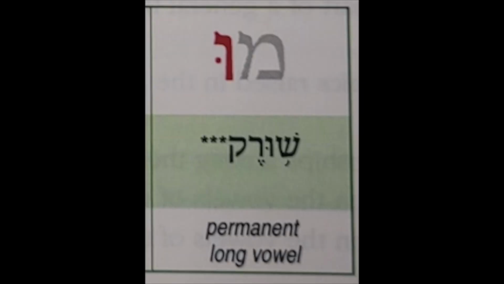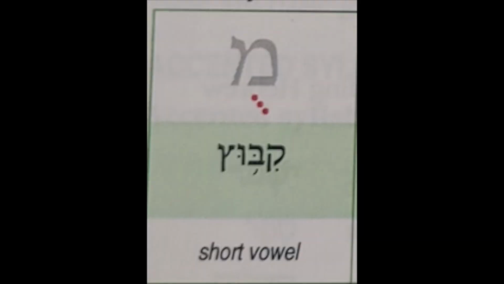Then you have the final category, which is the u sound. These are made up of the shuruk and kubutz. One of these is underneath, and one of these is attached to a vav, and that's what you need to know.